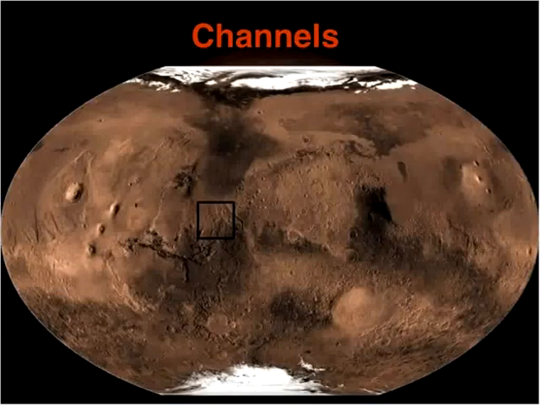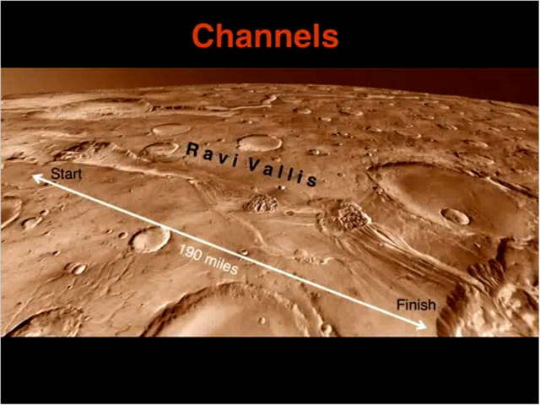There are also channels on Mars. Now, these are actually not like the channels that were supposedly seen by those earlier astronomers. These are what we call catastrophic outflow channels. There's really nothing quite like it on Earth.